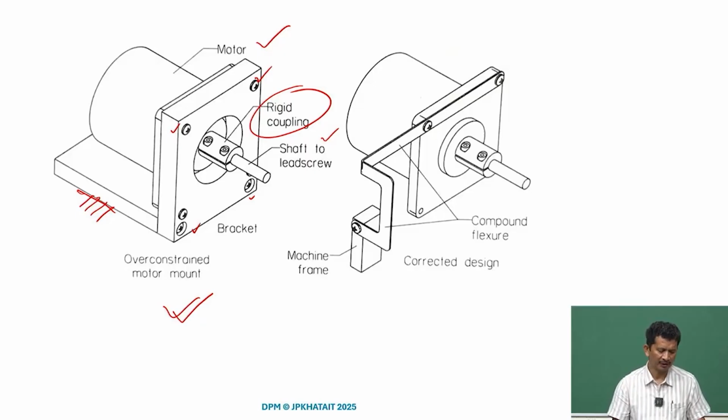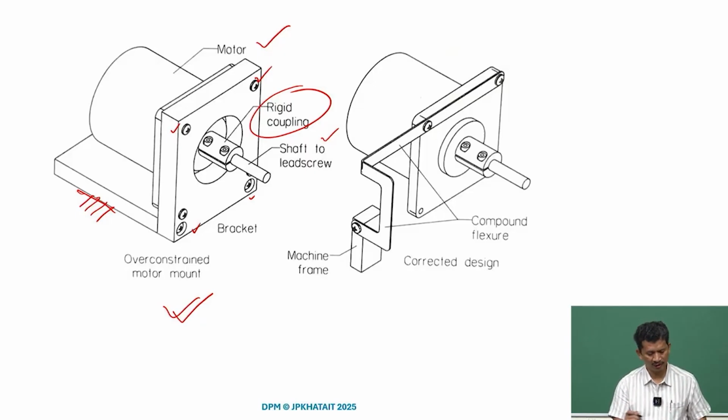So, what will happen? Any error, any misalignment in the shafts of the motor and the lead screw will create problems, because there is no compliance provided, and so any deviation, any misalignment, any offset when it starts rotating creates trouble.